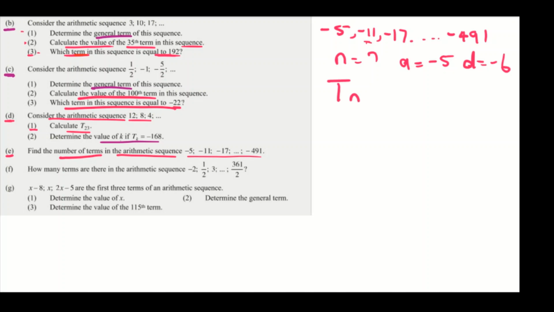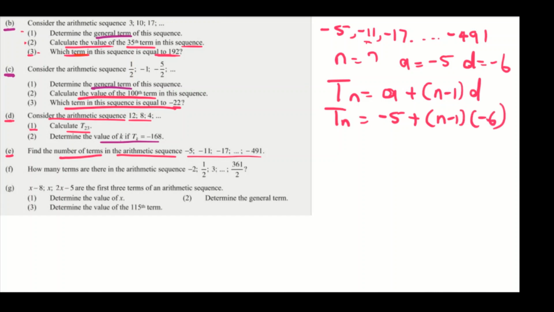So our general term of the sequence here, tn is equal to a plus n minus 1 multiplied by d. So tn is equal to our a value, which is minus 5, plus n minus 1, our d is minus 6. We don't have to simplify it because what we're looking for is n.